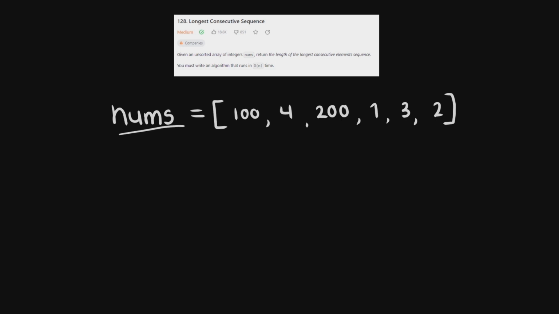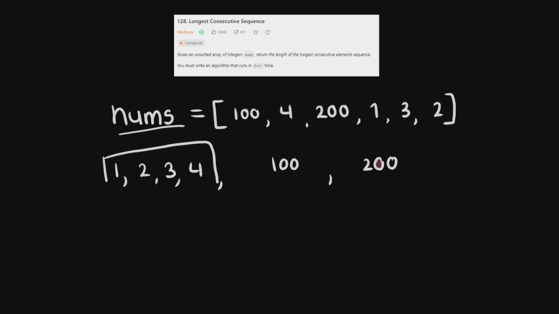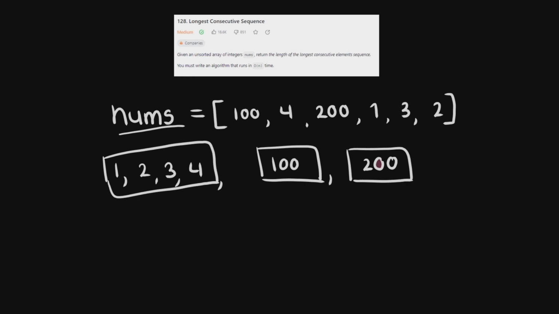Well, if we write out the nums array in sorted order, we will get 1, 2, 3, 4, 100, and 200. And the reason I left a gap between these sequences is because they are not consecutive. So we can see that we have one sequence here that is consecutive, we have another consecutive sequence, and then we have another consecutive sequence.